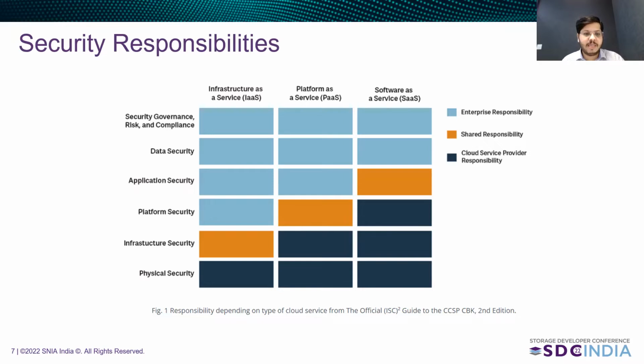For the application security in the SaaS service model, it is a shared responsibility between the enterprise or organization and the cloud provider. For application security in infrastructure as a service and platform as a service, it is completely the responsibility of the organization or enterprise. Likewise, we have different service models and security layers with the appropriate responsibilities.